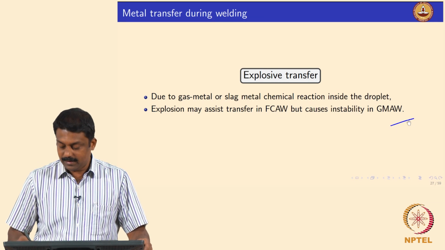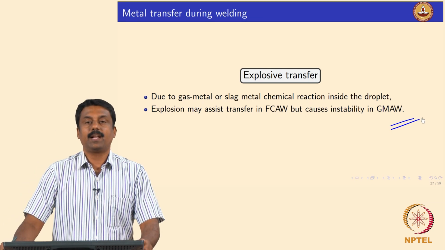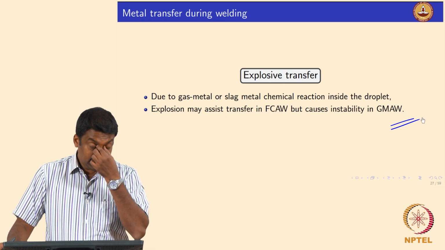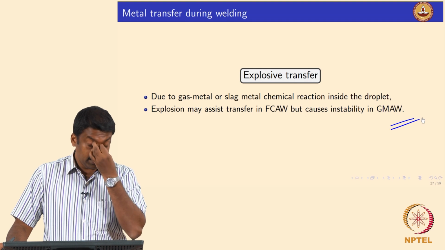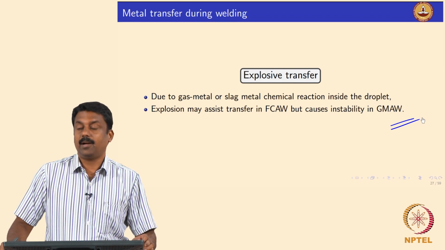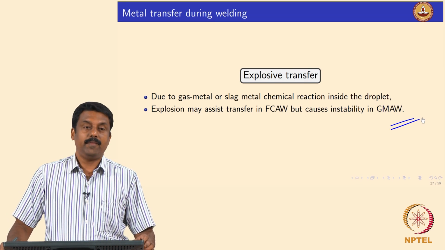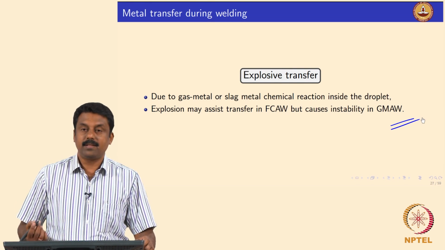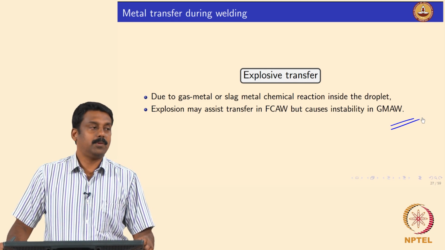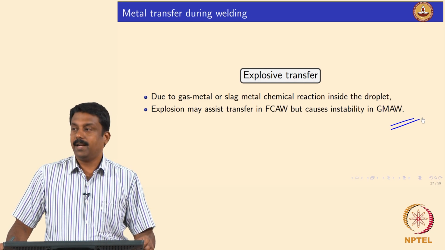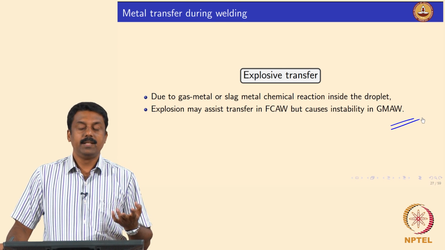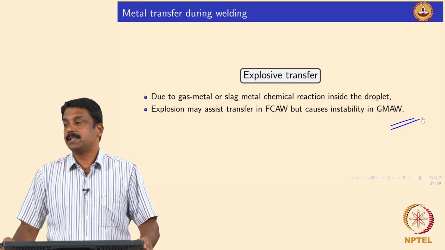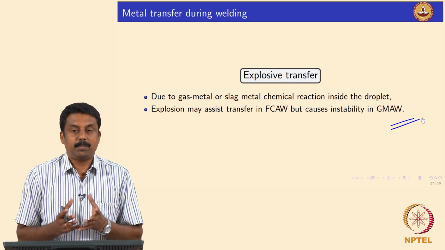In some cases, if you increase the current tremendously and you also have shielding gas generated, especially in self shielded electrodes, you may have an explosive transfer. Most of the cases it happens in self shielded or flux core arc welding electrodes, where you have very high current and a gas generated by the flux, and the gas pressure is contained.